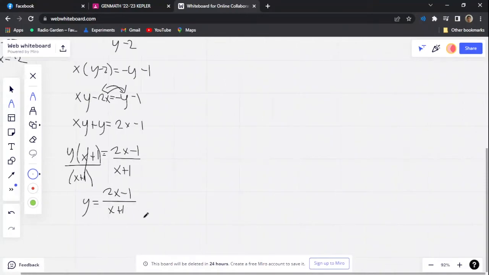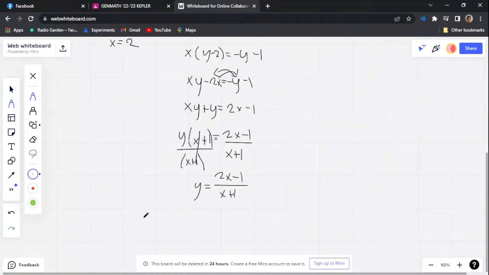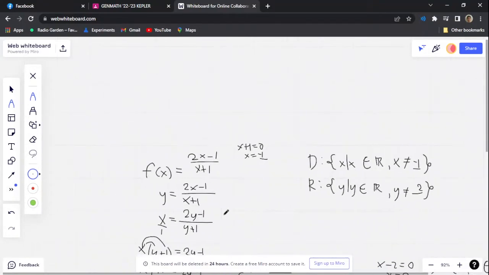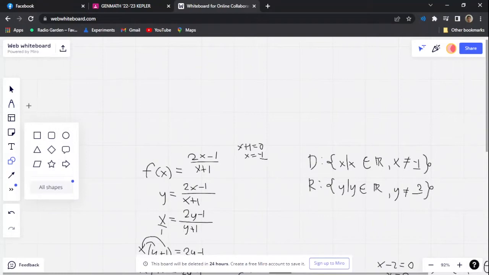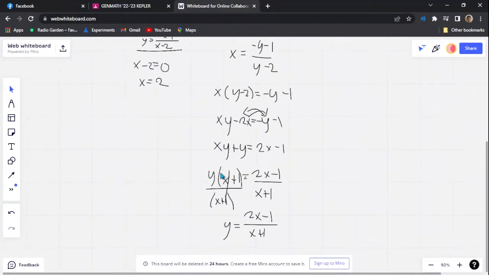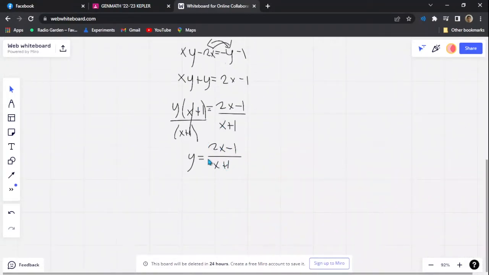So now let us compare what we solved to the given. It is the same: 2x minus 1 over x plus 1, and what was solved is also 2x minus 1 over x plus 1. So to find the range, look at the denominator, which is x plus 1, then equate it to 0.